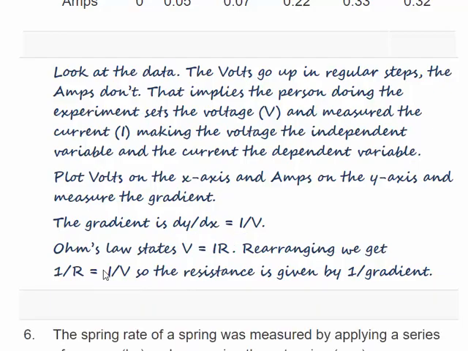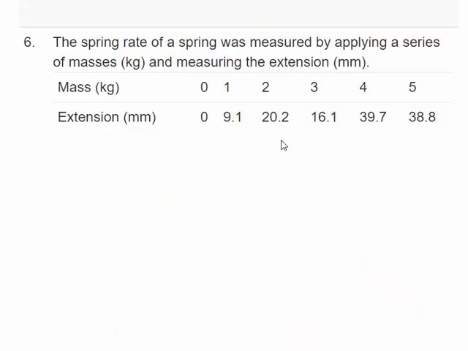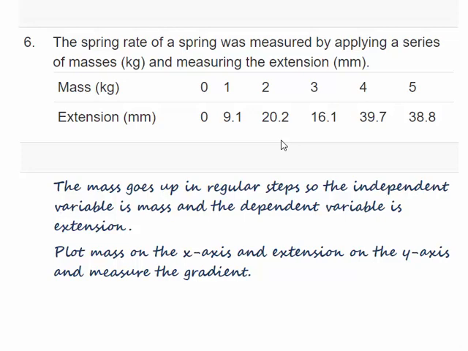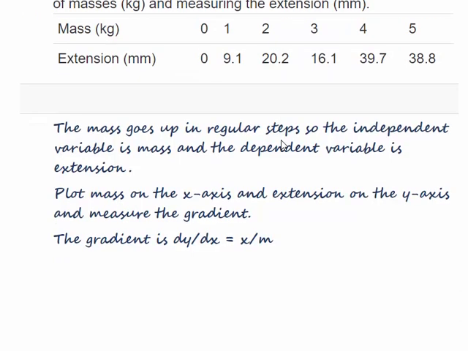Question 6. In this case, the mass goes up in regular steps, so it's the independent variable, and the dependent variable is the extension. So we're going to plot mass on the x-axis and extension on the y-axis. The gradient is dy by dx, which is going to give us the extension over the mass.